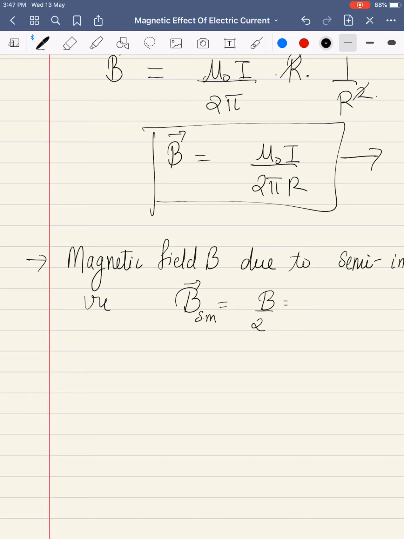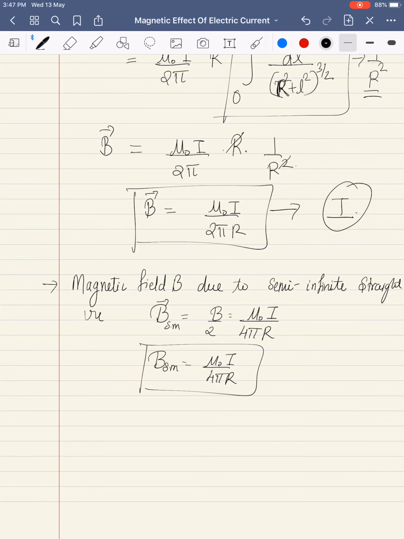So we can say it as mu naught I by 4 pi R. So magnetic field because of the semi-infinite length is mu naught I by 4 pi R. Getting it clearly? This is our equation number 2. If you check over here, you will come to know that the magnetic field is inversely proportional to the distance of the wire.